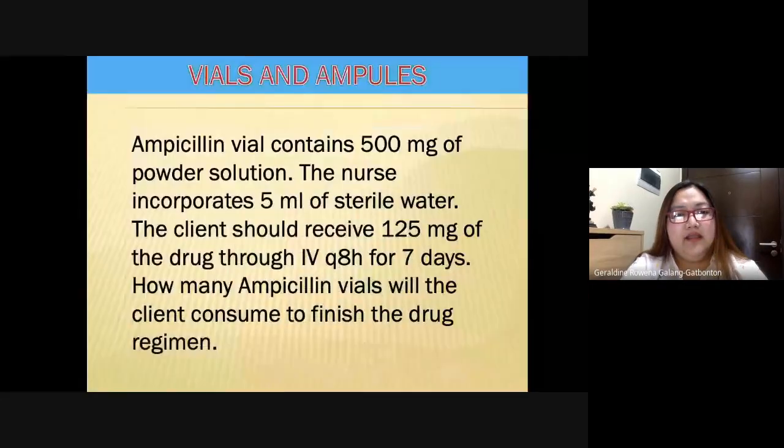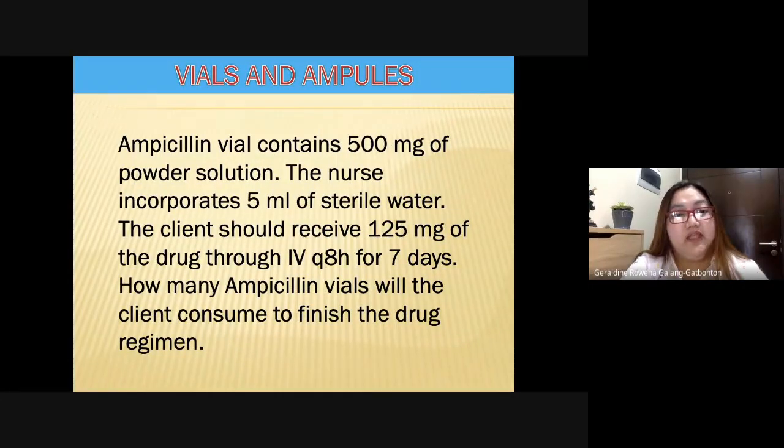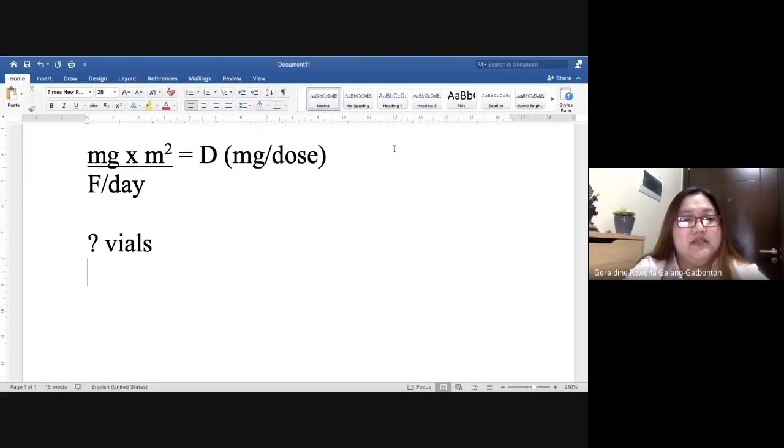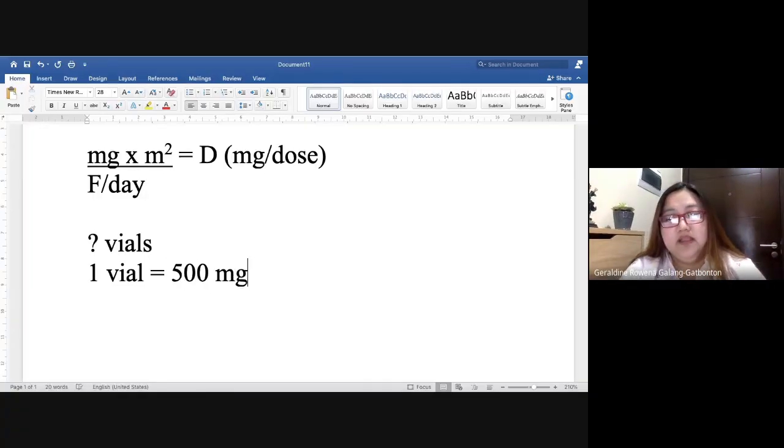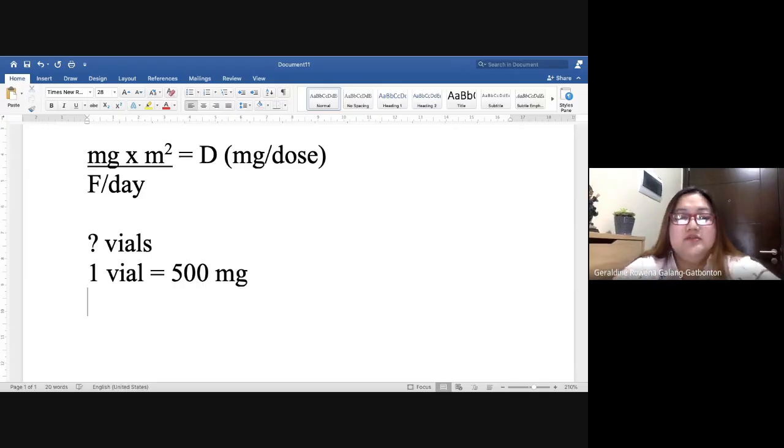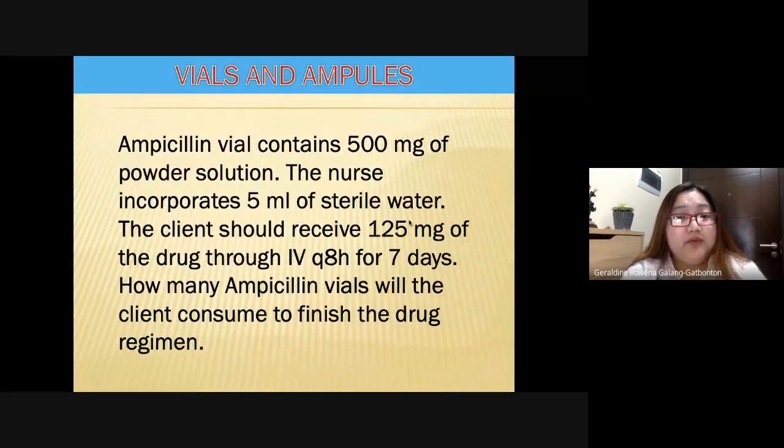So, una, gaano ba karami ang dose ng isang vial? Ang isang vial daw ay merong 500 mg. No? So, one vial, 500 mg. Okay? Ngayon, ang tanong naman, ilang dose magagamit ng pasyente ang isang vial? So, 500 mg yung isang vial. Gaano ba siya karami per dose? Ang kailangan ng patient, 125 mg per dose.